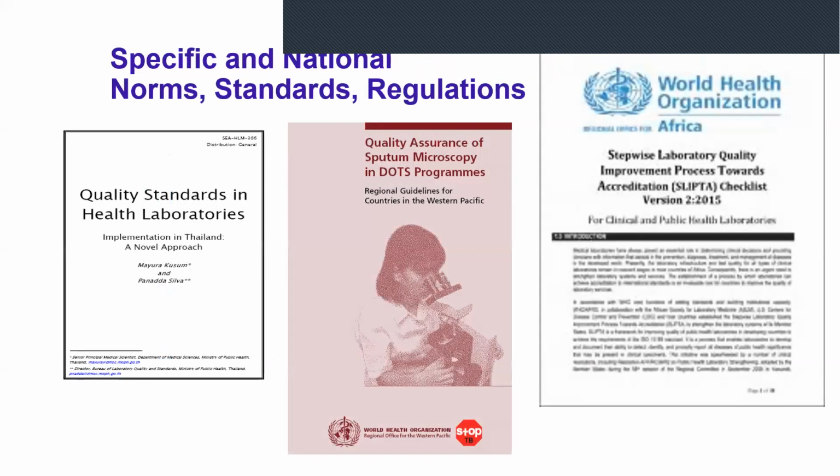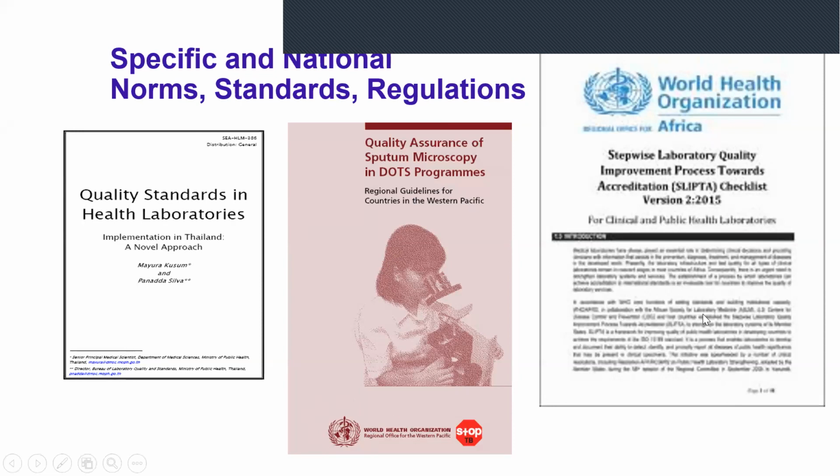Okay, so here we have the covers of three different standards. You have the quality standards for health laboratories in Thailand. This one is for tuberculosis. It has the World Health Organization sign, and it's for the assurance of sputum microscopy in DOTS programs, directly observed therapy.